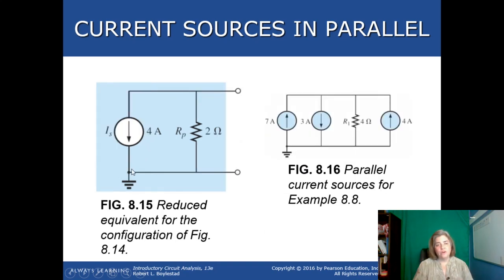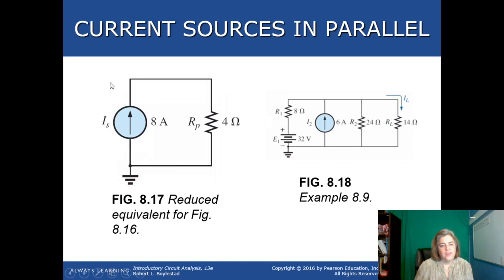If you said 4, you're correct. What about this one? We have 7 amps going up, 3 amps going down, and 4 amps going up. What do you think if we combined those three, what would our net current source look like? What direction and how much? And if you said 8 up, you are correct.